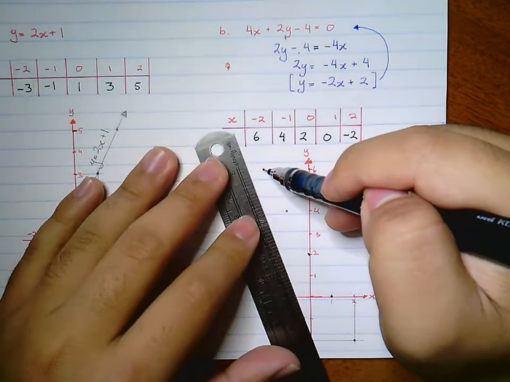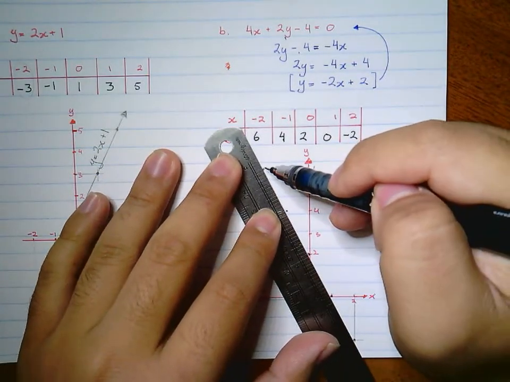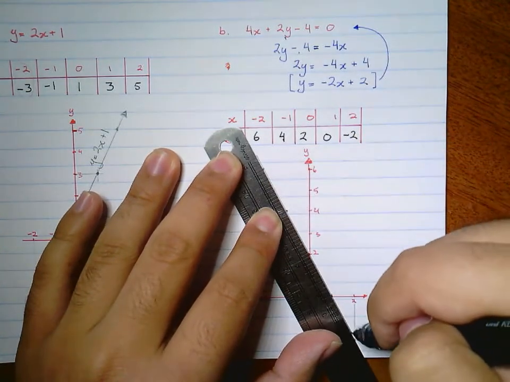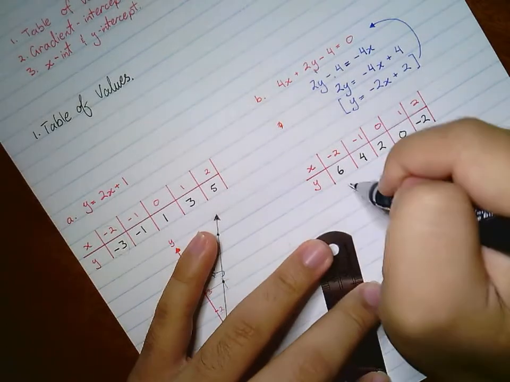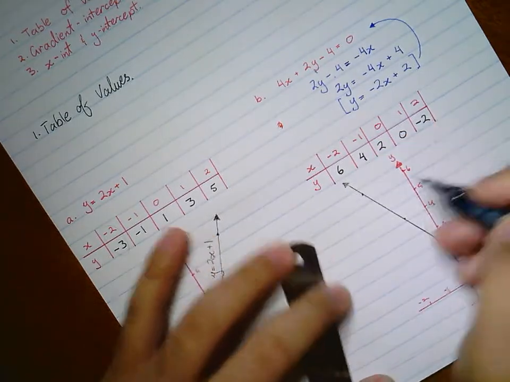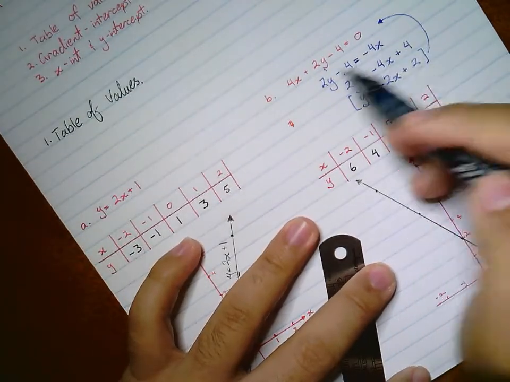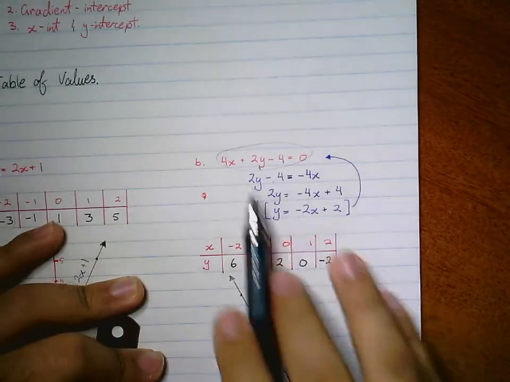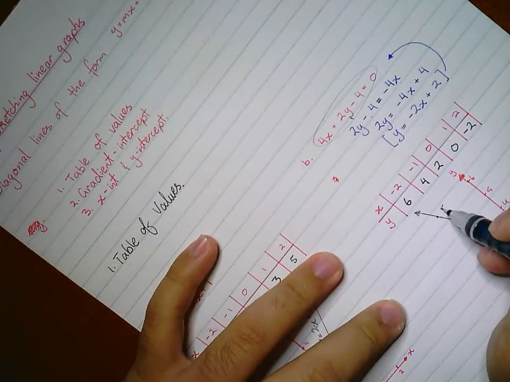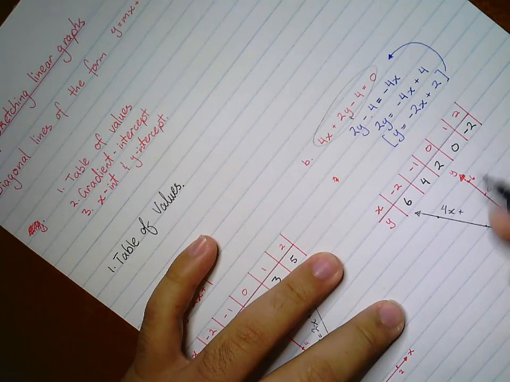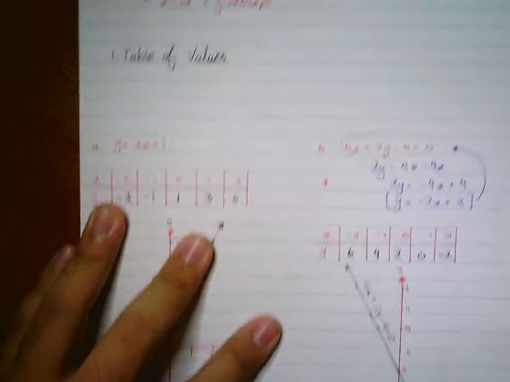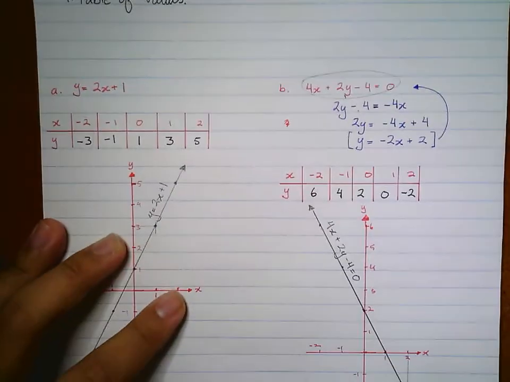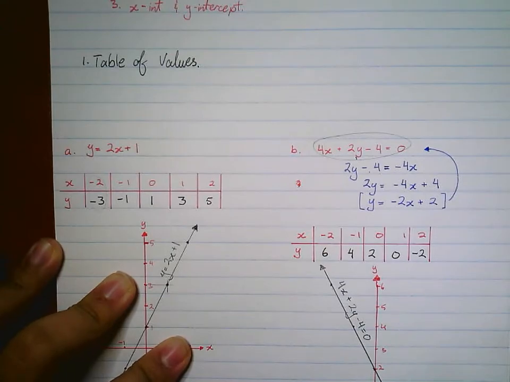Joining my points. And that is the line. I'm going to draw the original line there, that there is 4x plus 2y minus 4 equals 0. So that there's how to use a table of values with graphing lines. Best of luck.